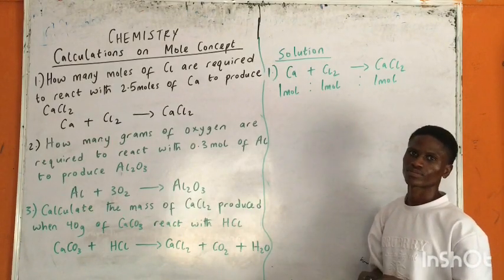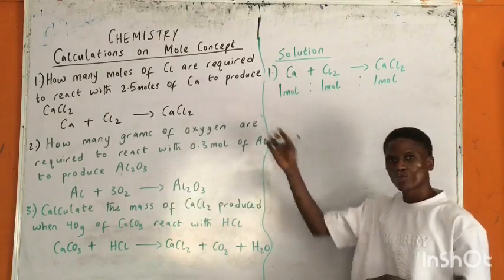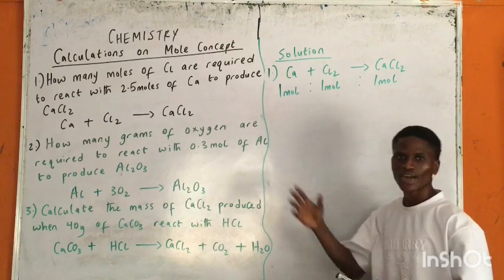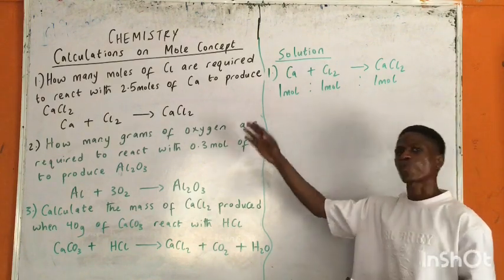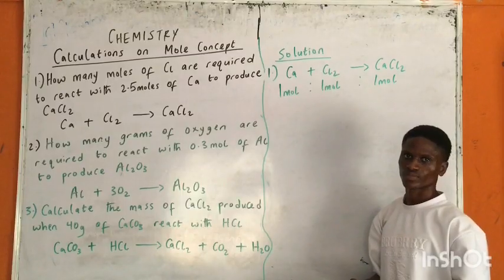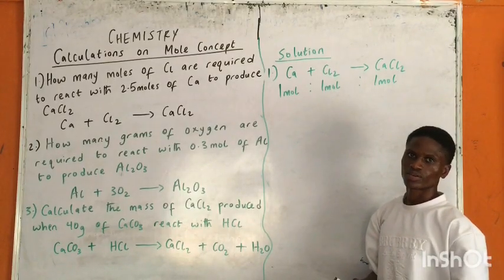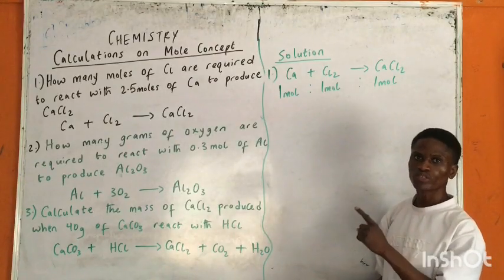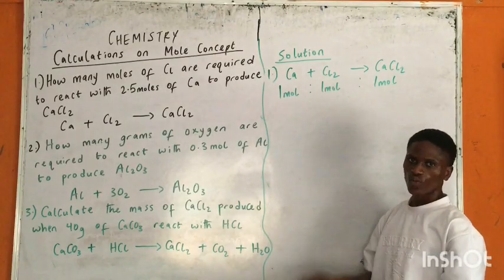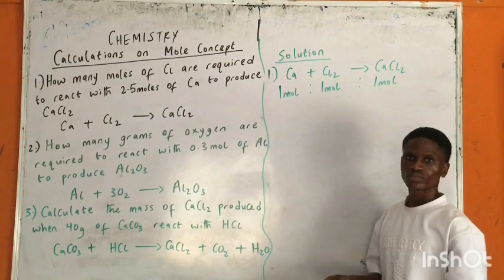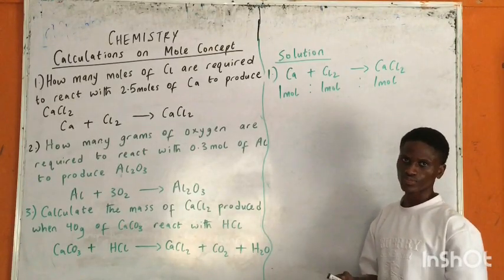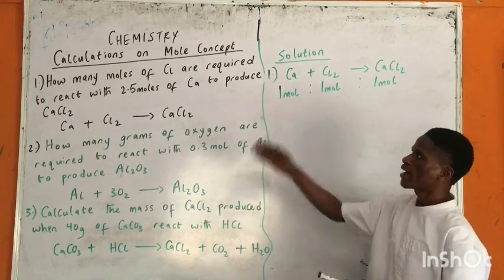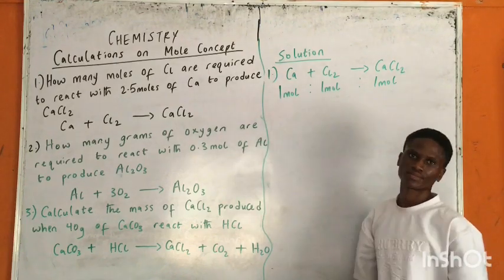Now, what's the question? How many moles of chlorine are now required to react with 2.5 moles of calcium? Remember, writing out the two relating substances: one must be the unknown, and the second one must be the one having value. From the question, how many moles of chlorine?